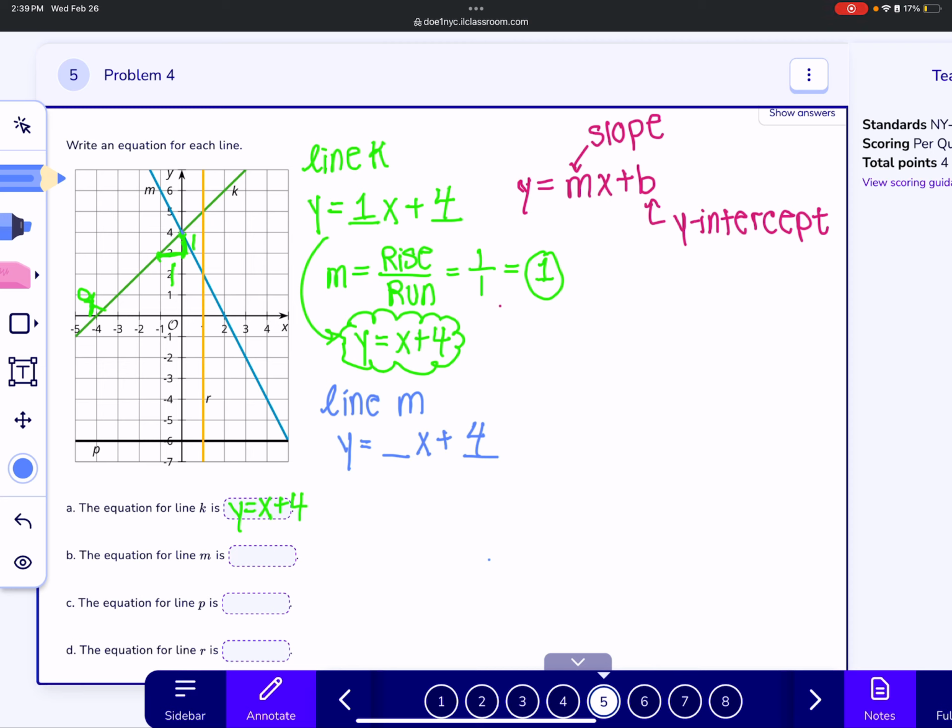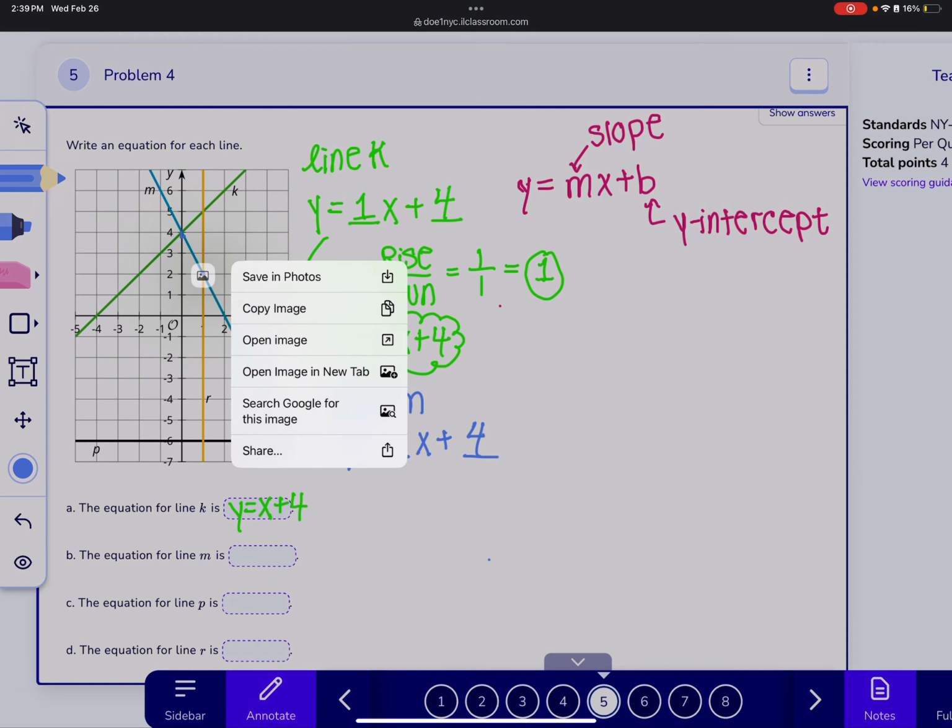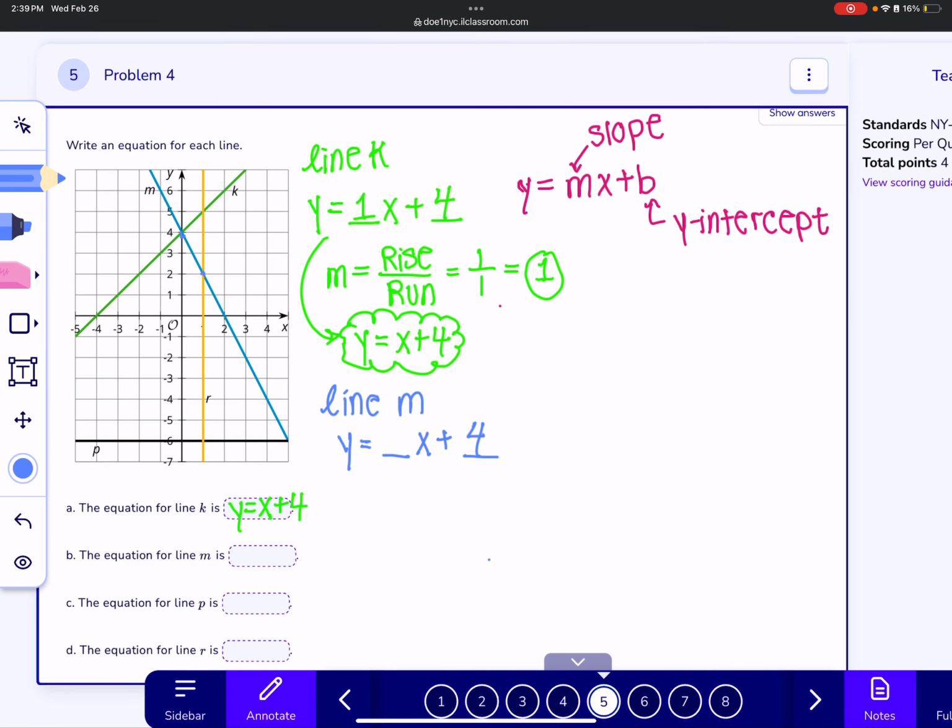And for the slope this time, I am going to pick 2 points again that meet at the corner of one of the square grids. So I picked my 2 points.